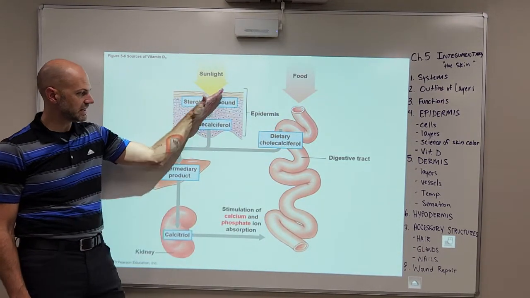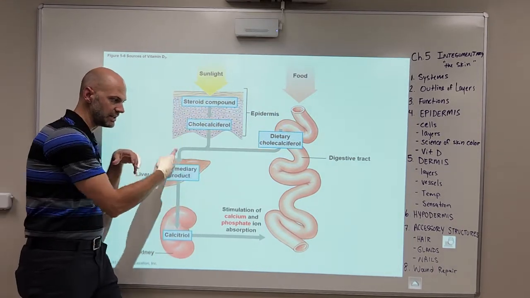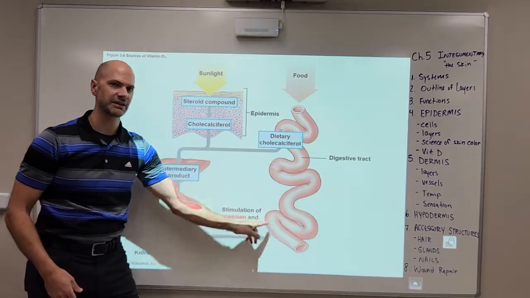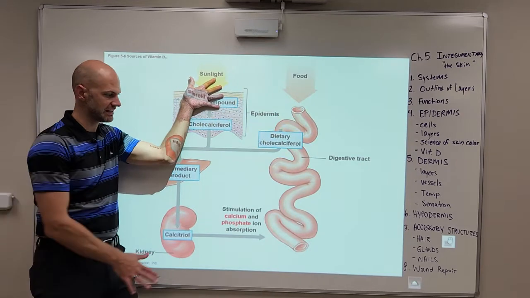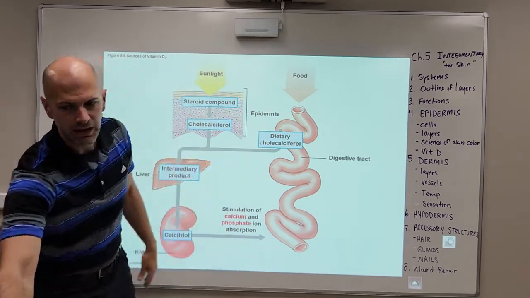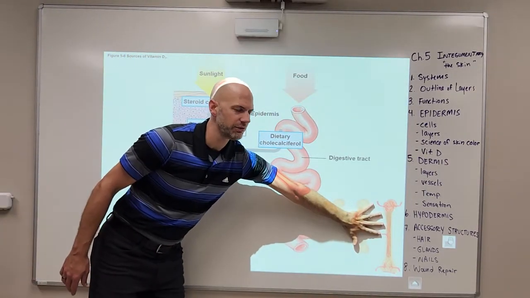And so skin, liver, and kidney work together in a very unique pathway that helps us absorb dietary calcium and dietary phosphate. If we lack this, then we won't get calcium and phosphate, and therefore we will prevent proper bone health and growth.